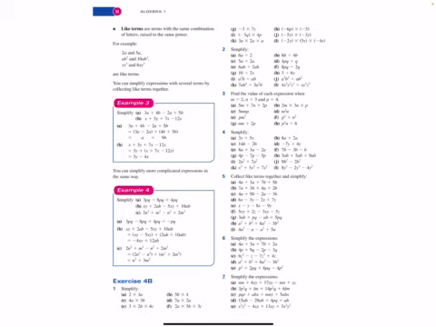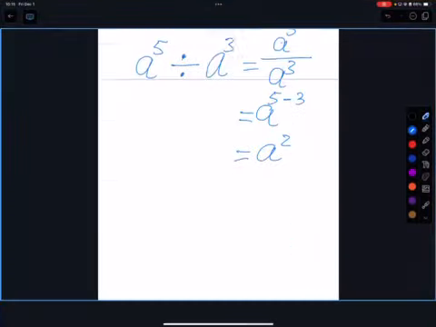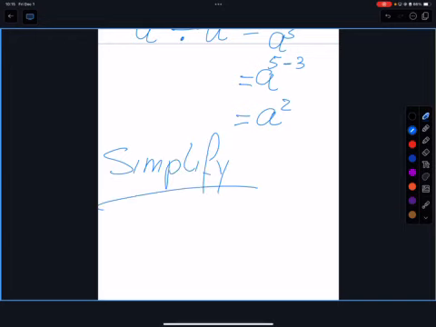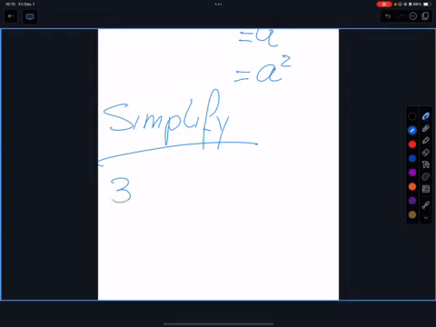Simplify. I saw that problem as well. What is simplify? Lots of people keep using solve. Solve means 2x equals 4. What is x? That is solve. Simplify is to make shorter, as short as possible. So if you have 3x multiplied by 5x, you simplify, you make shorter, and this answer becomes 15x squared.